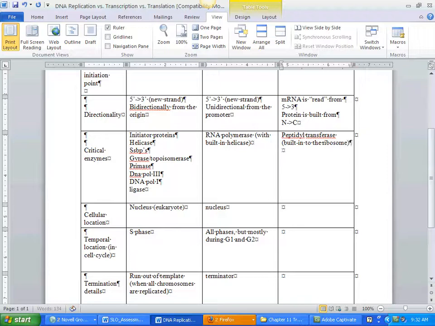You also have enzymes called aminoacyl tRNA synthetases, and this is in the lecture, so you have to know that one. tRNA synthetases, and those are the enzymes that charge the tRNAs. Charge means loads them with the correct amino acid.